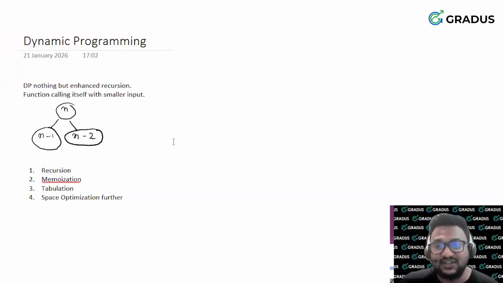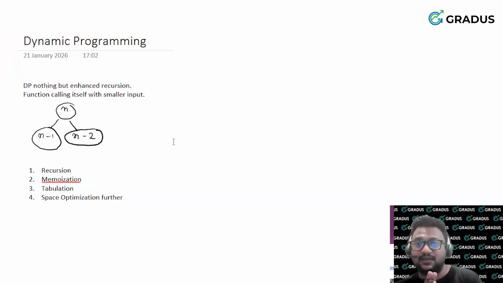Now, recursion itself is a huge topic, but we have to brush up on our basics: recursion is a very small topic, and DP is just optimizing that recursive code, and that is all. DP is nothing very fancy.